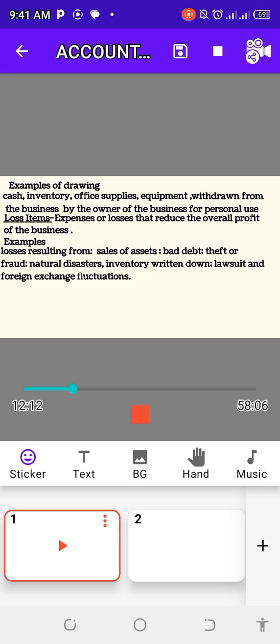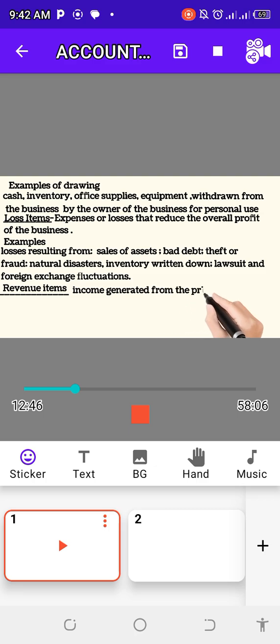Now we take a look at revenue items. What are revenue items? Have you heard it before? Revenue items are profit items. Revenue or income generated from the primary activity of the business.